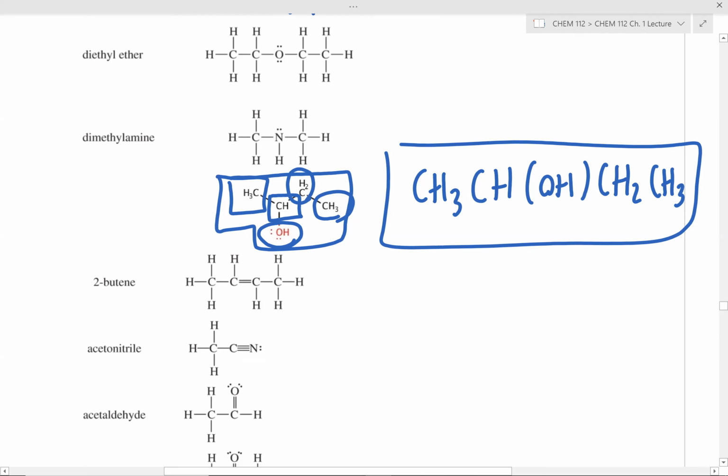CH. Okay. Now I'm going to write out the full formula first, just so that you can see something that's pretty interesting. There are 2 ways of portraying this formula using condensed structure notation. The first way is just straight writing out the atoms and the number of carbons and hydrogens. That's one way.